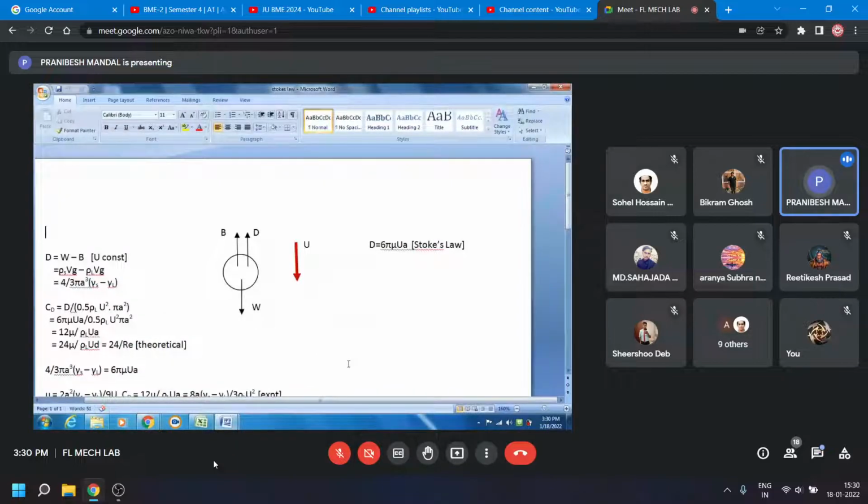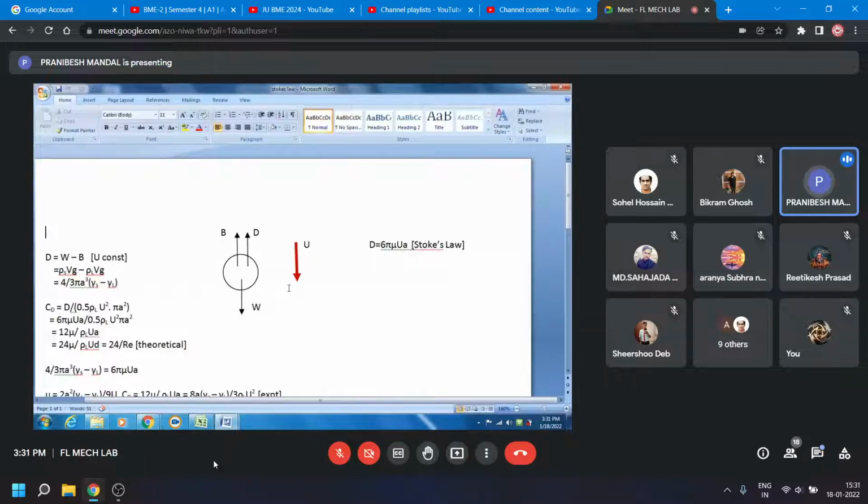First of all, what is Stokes' law? Just concentrate on the right hand side of my Word document. The total drag force on this particular spherical ball which is moving downward at a terminal velocity u. Why terminal velocity?